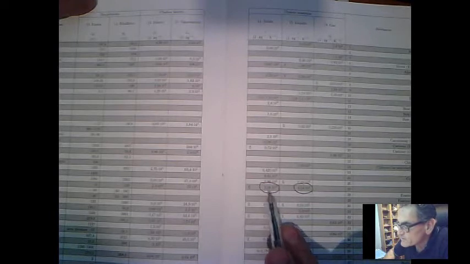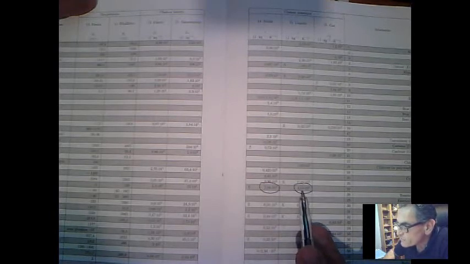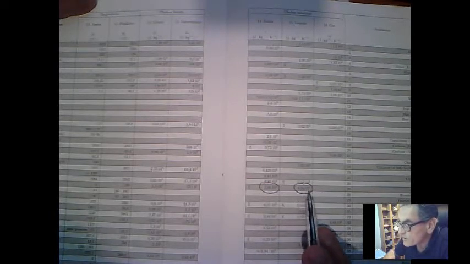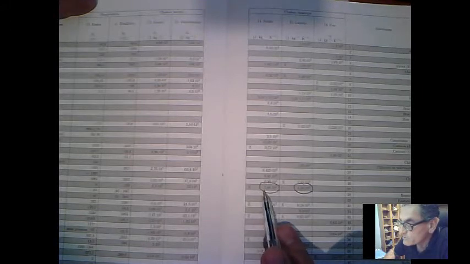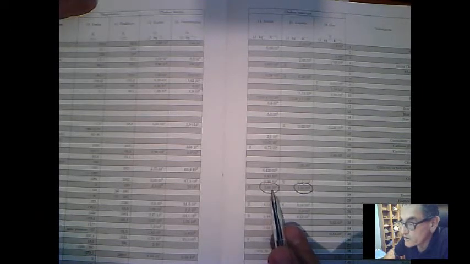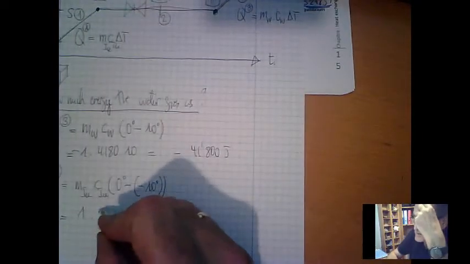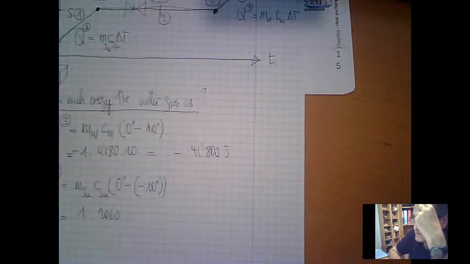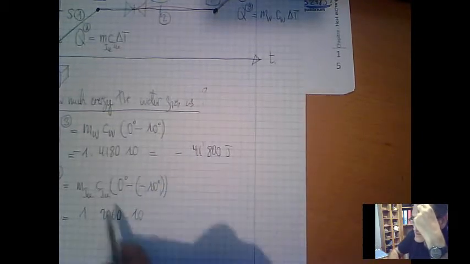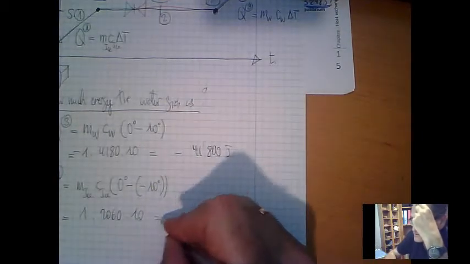So the value for liquid water is 4,180, but the value for solid water, for ice, is 2,060 joules per kilo per degree. Okay, so be very careful not to take the same value. This has to be the value for ice, and now it's times minus 10, so plus 10.